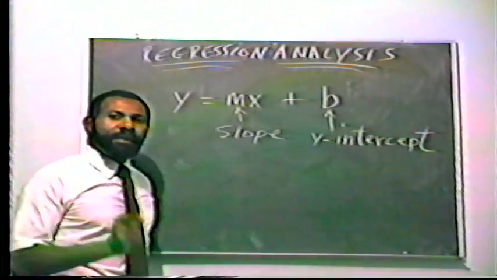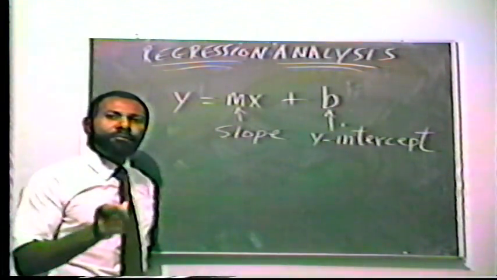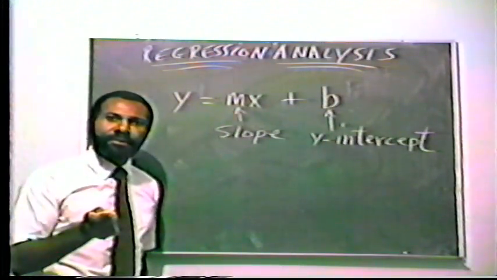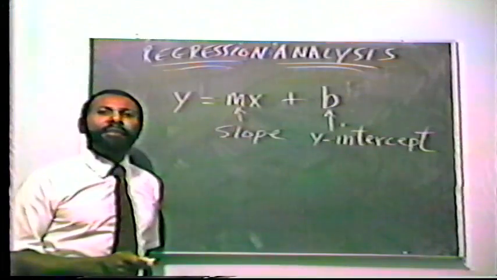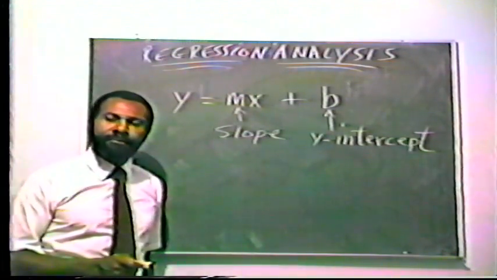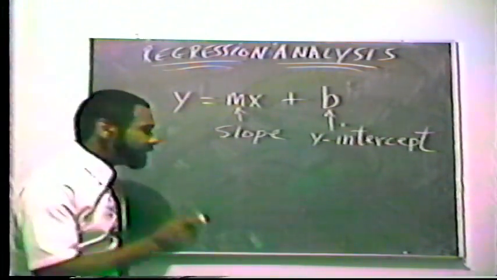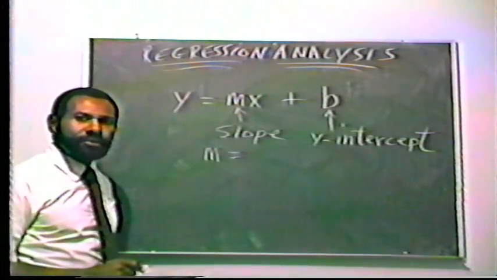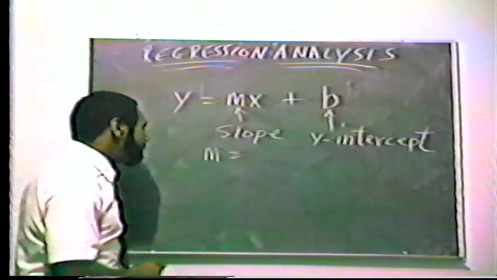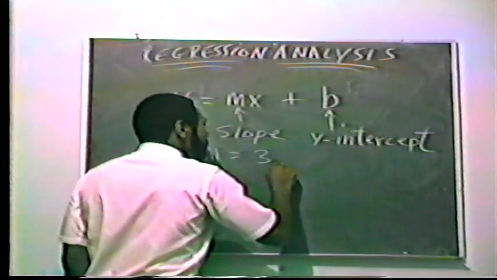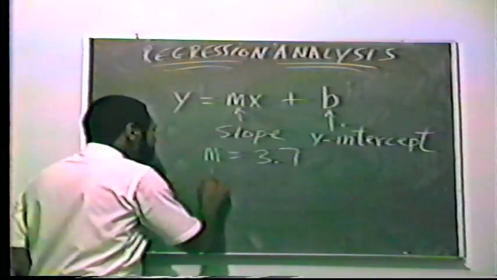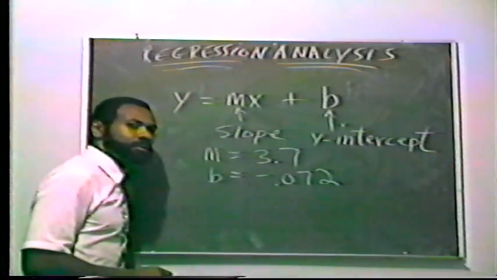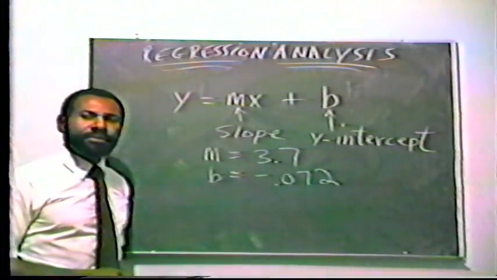Now, if I give you the numbers for m and b, the numbers for the slope and the y-intercept, then you can write the equation of the line. For example, if I tell you that m equals 3.7 and b equals negative 0.072, you can tell me the equation of the line.